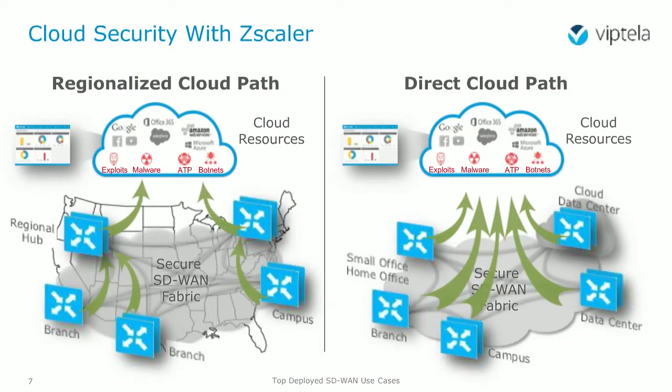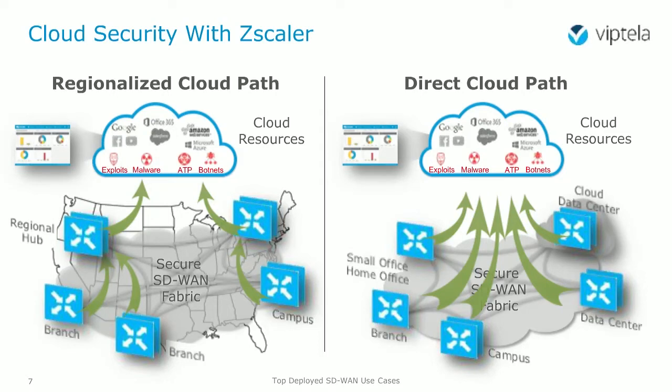And when you talk about an SD-WAN and how SD-WAN can embrace the cloud security, and this time it's cloud security with Zscaler, you can see that there are two approaches again. There is an approach on the left that is a regionalization of cloud access, which you can think about as a regionalized cloud path, where you have sites or branch offices which are provisioned for an SD-WAN fabric, yet they're not having direct access into those cloud resources.